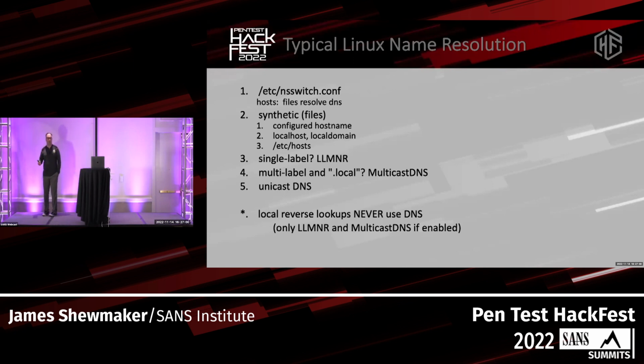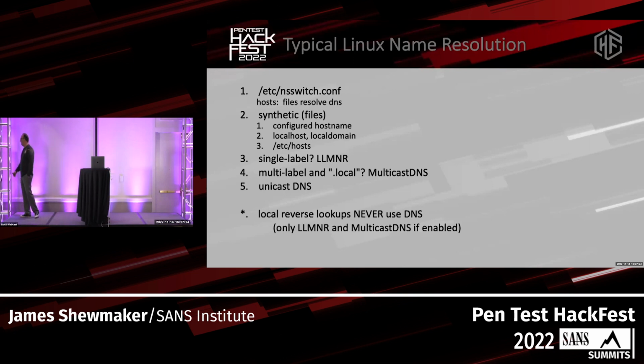It literally just assumes you left off the .local domain if you just gave it a single host name. So if you're trying to do your engagement, you're trying to be in the middle of DNS names, you've got some filtering on DNS names, but the fully qualified canonical DNS name isn't being used, it's not going to match or filter. It's going to get answered and it's not going to show up in your logs.